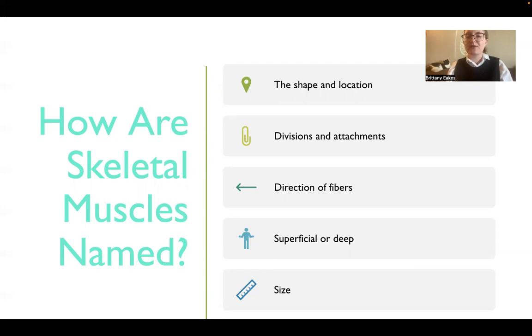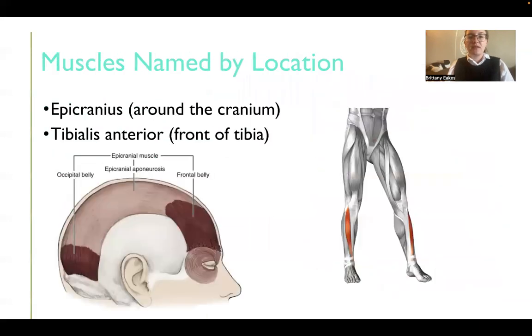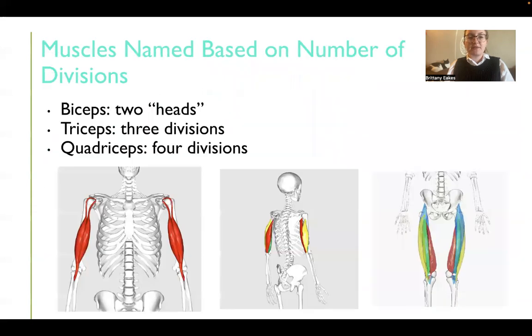It can be named based on the direction of fibers, kind of like the obliques on the abdomen. They are diagonal to the anatomical position or the midline of the body. They can be named based on if they're superficial or deep, or based on their size, like the gluteus maximus. It's named because it's so large. We'll go over this in a different video.